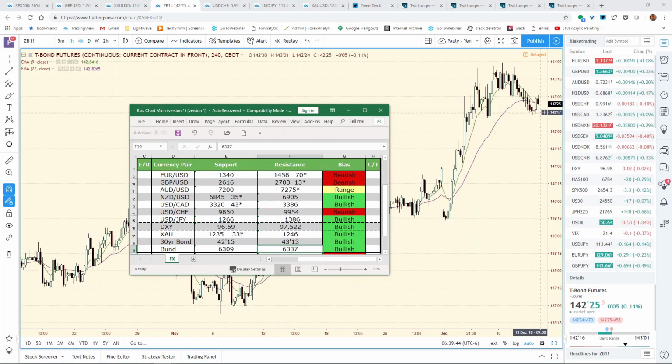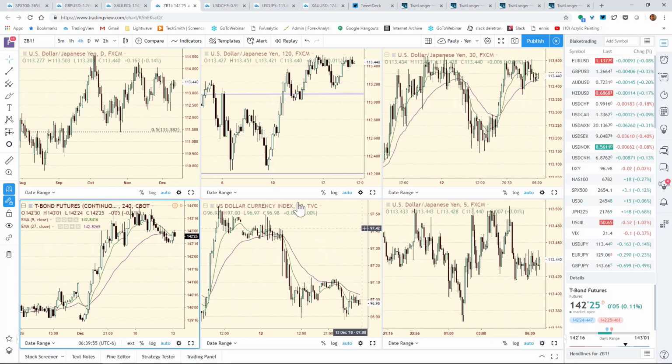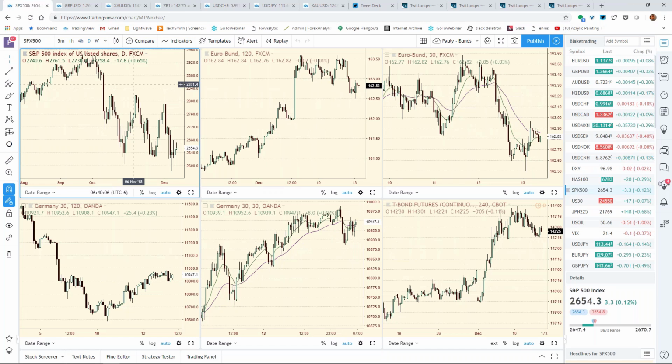Well, we had 42.15 and the low's been 42.16. We'll keep that 42.15. And let's take a look at the Bunds.